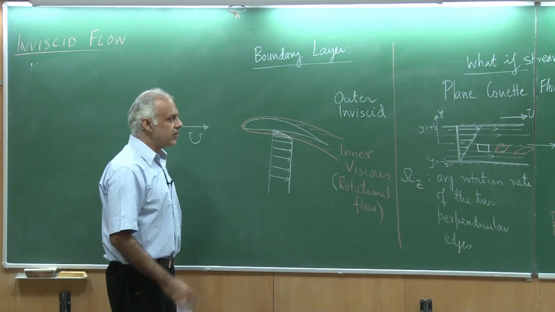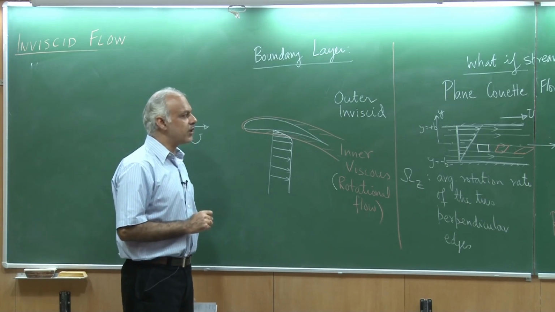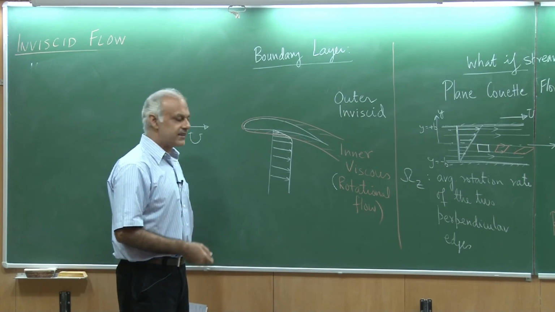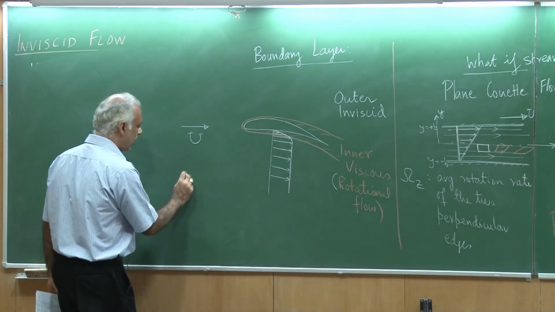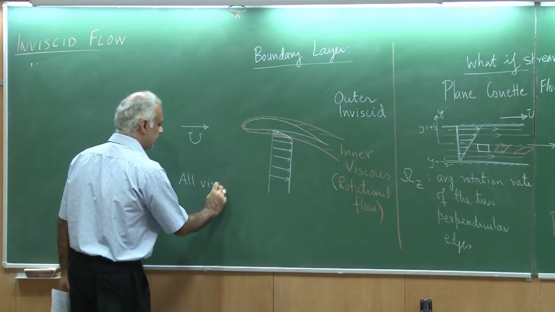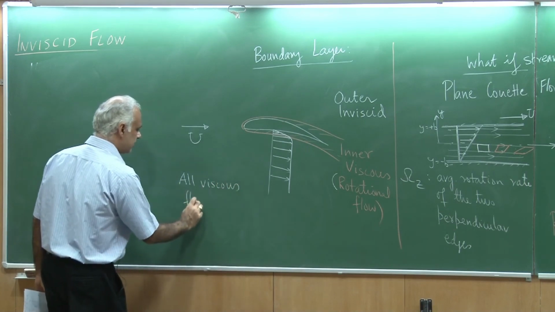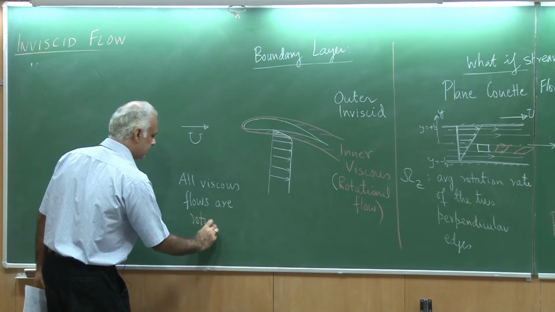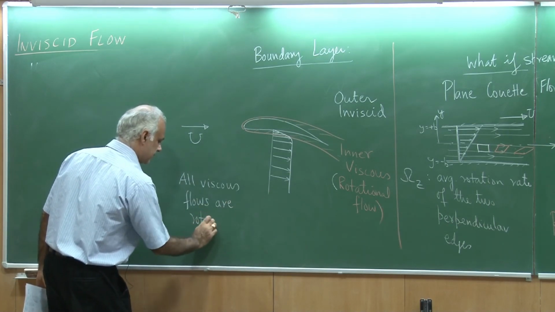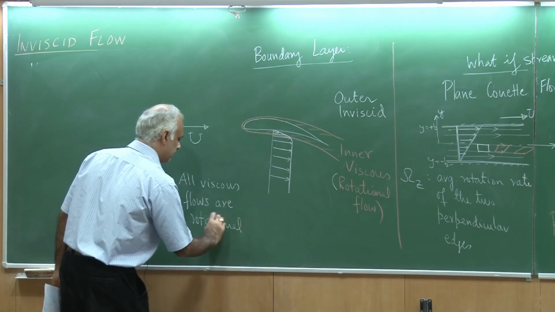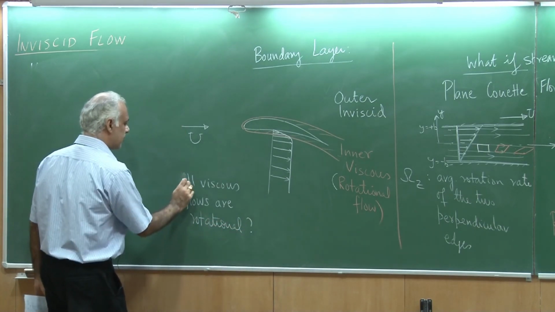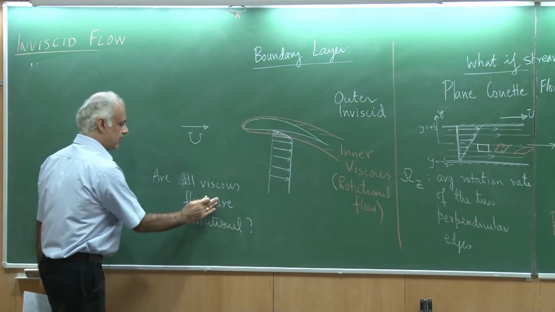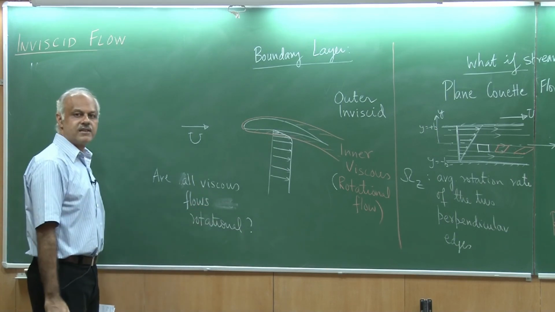So, one last thing before we move on with the analysis, and that is, can I say that all viscous flows are rotational? Maybe I should put it as a question: are all viscous flows rotational?